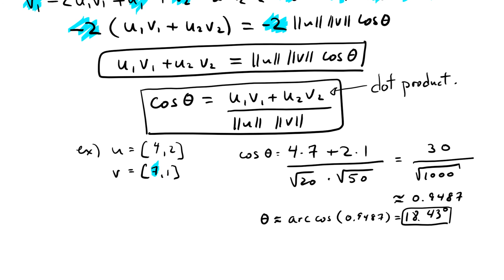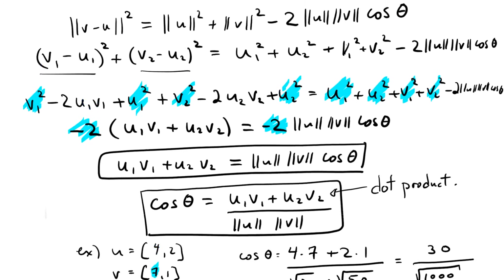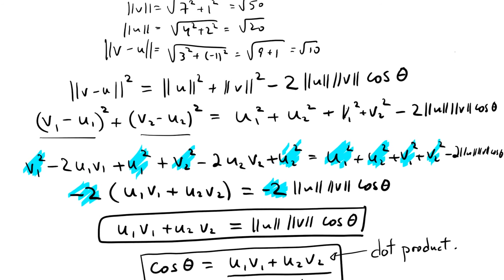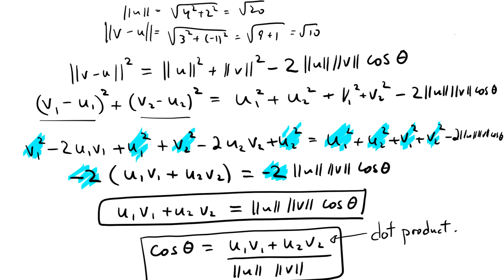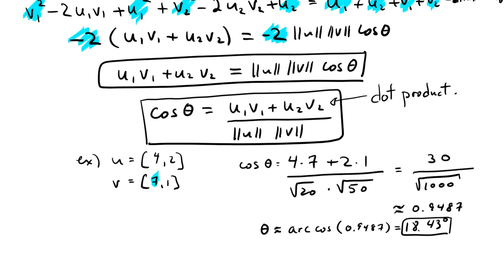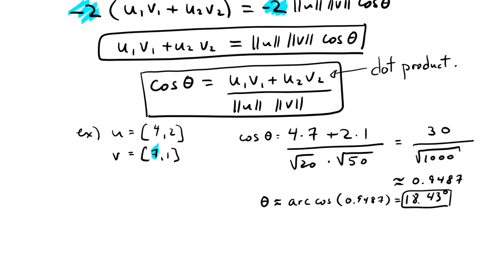So everything I've done here is with vectors in 2 space, but I could have done the exact same thing with vectors in n space. Not the same formula, because here I've got u1 v1 plus u2 v2.